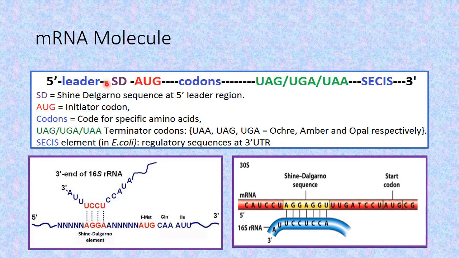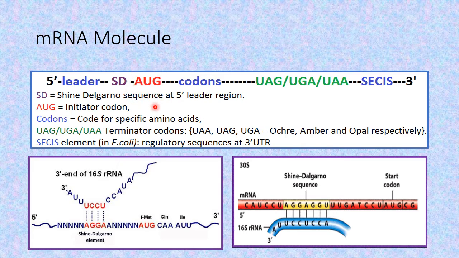This Shine-Dalgarno sequence is basically responsible for positioning this messenger RNA in the protein synthesis machinery, that is the ribosome. So if we see this structure of messenger RNA molecule, in the leader sequence or the 5' UTR, there is the Shine-Dalgarno sequence, and downstream of this Shine-Dalgarno sequence is your start codon, that is the AUG.